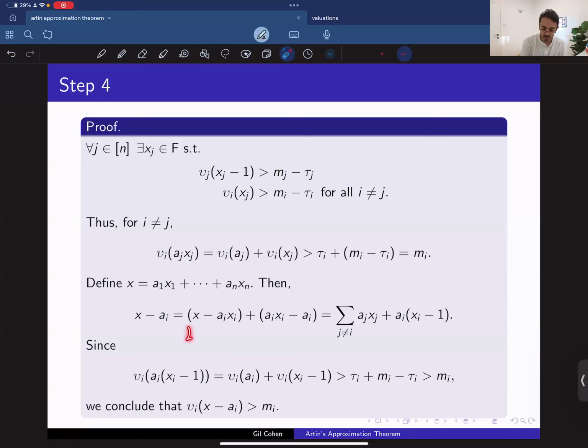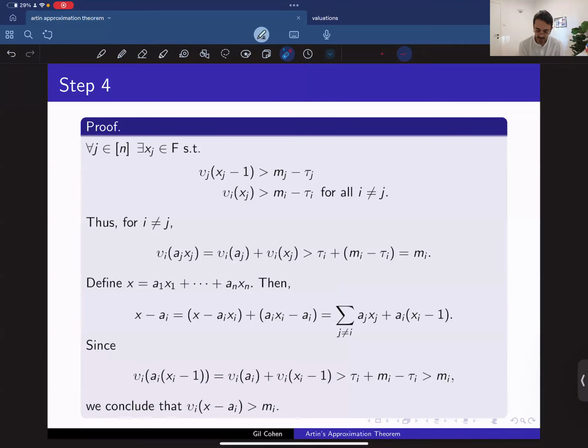I do this because the first expression is precisely, because of the definition of x, the sum over all the aj xj's for j not equal to i. We're working with some fixed i at this point. Plus here, I'm taking ai out of the brackets, which allows me to see the xi minus 1.